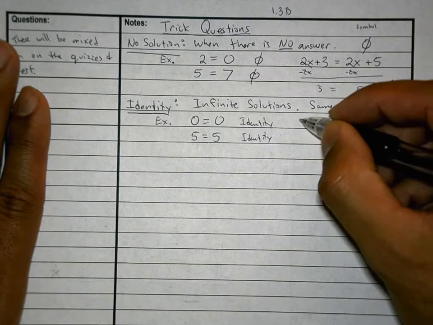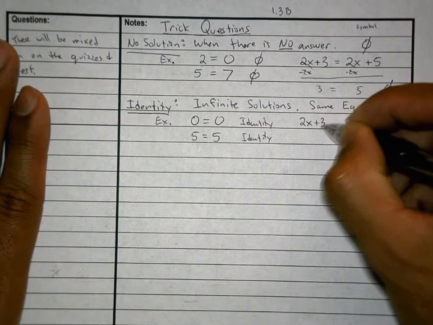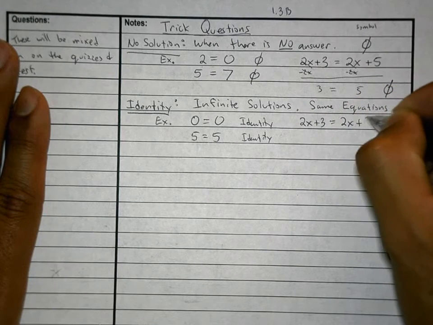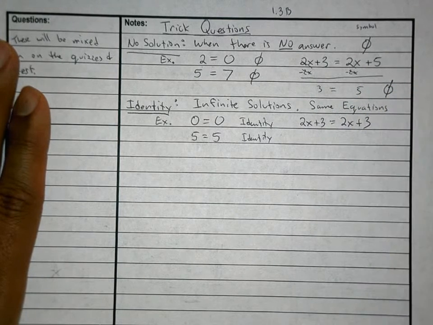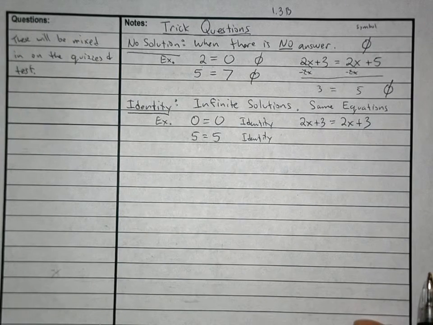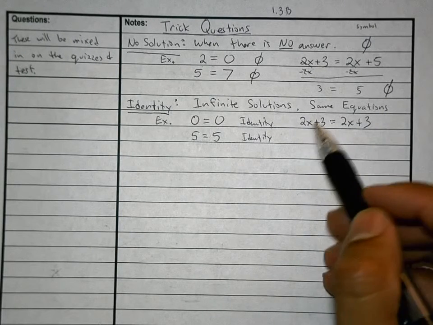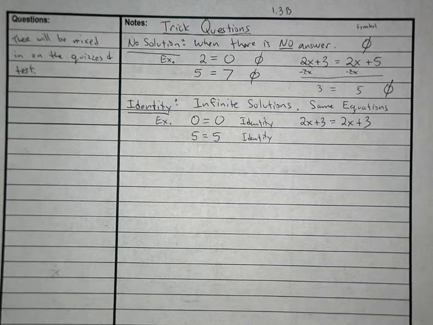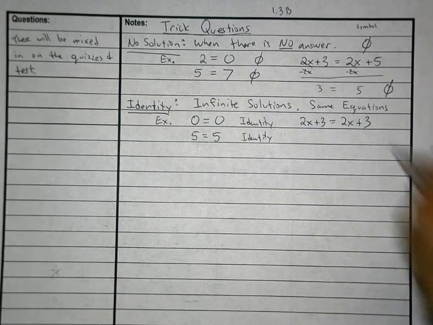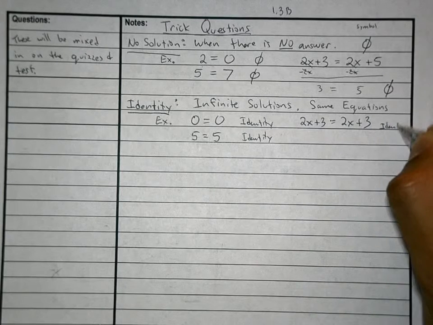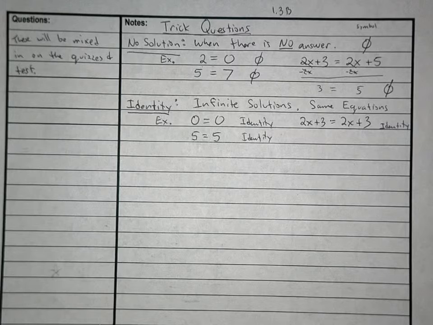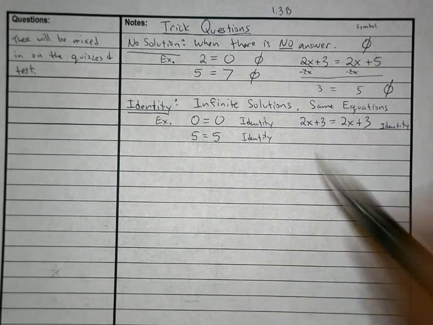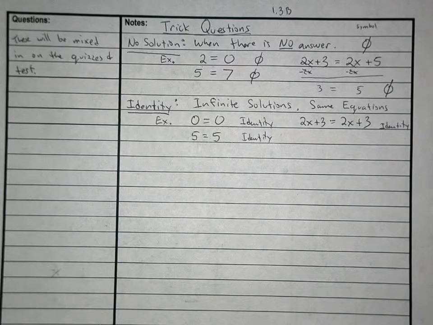Here's another example. 2x plus 3 equals 2x plus 3. Is this equation the same as that equation? It's an identity. A lot of times they're going to disguise that it is an identity.